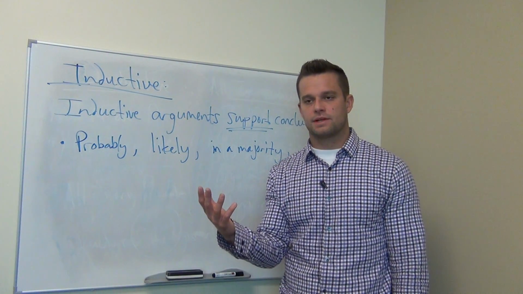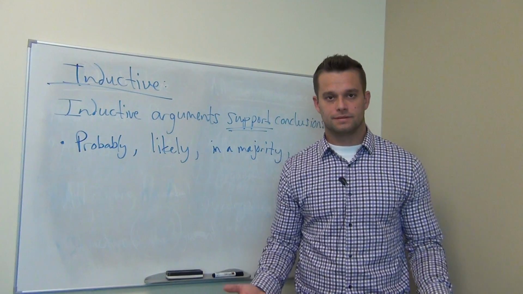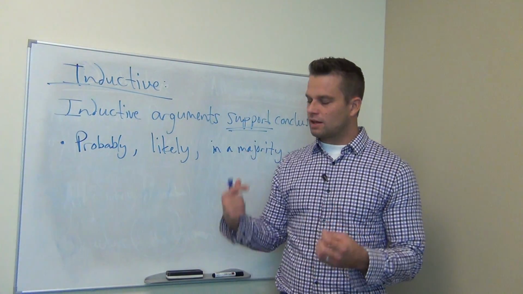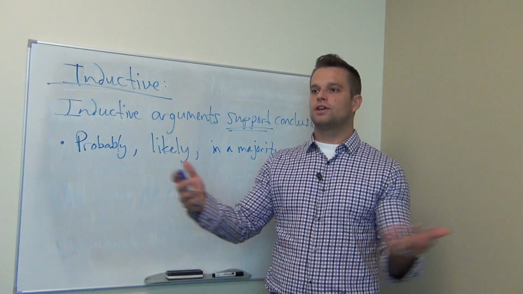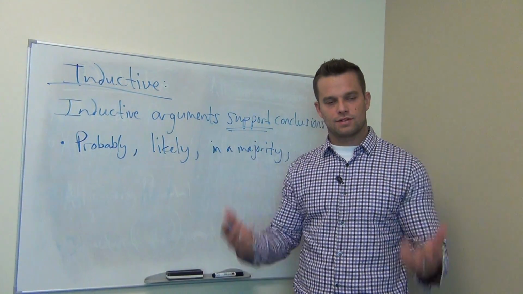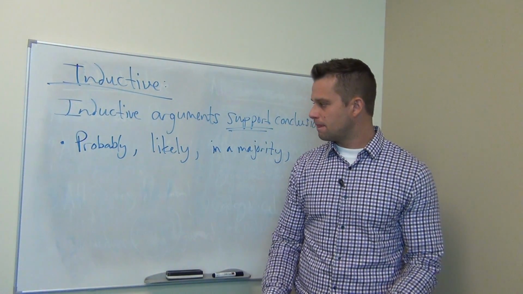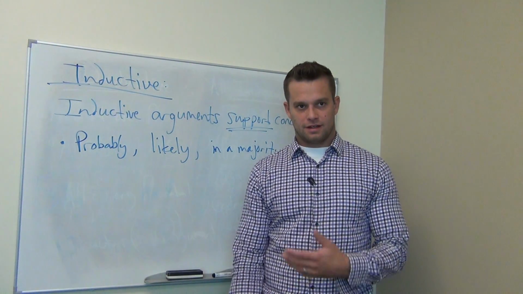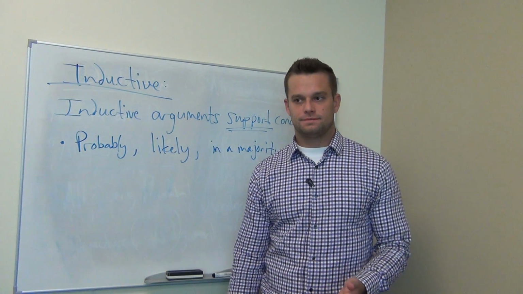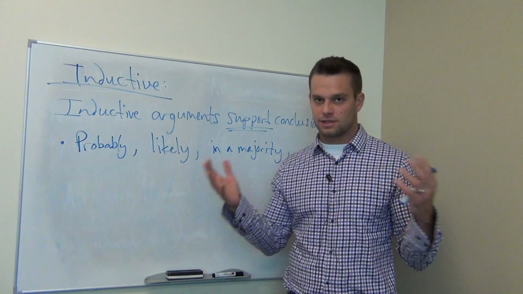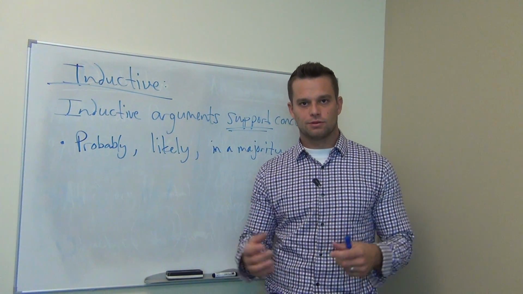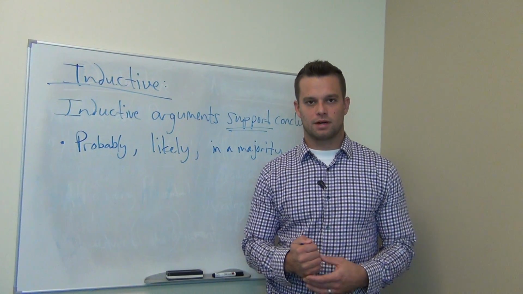And the one prime example is the sun will rise tomorrow. Every day of my life, the sun has risen and gone down. Every day of every human's life before me, they've talked about the sun going up and coming down. Therefore, the sun will rise tomorrow. Now, that doesn't follow of necessity. There is some minuscule possibility that the sun will not rise tomorrow.